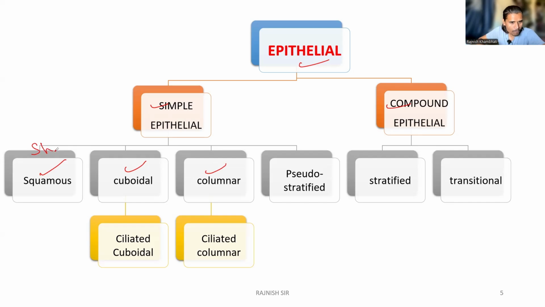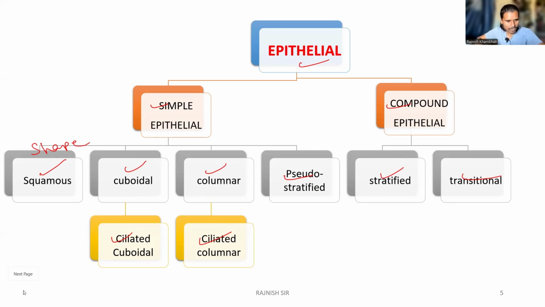Then cuboidal is also present as ciliated cuboidal, and columnar also as ciliated columnar. Then there is pseudostratified epithelial tissue, and in compound epithelial tissue there are stratified and transitional epithelial tissue. So these all are the types of epithelial tissue we are going to learn.